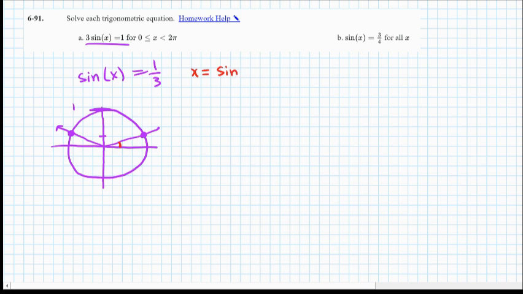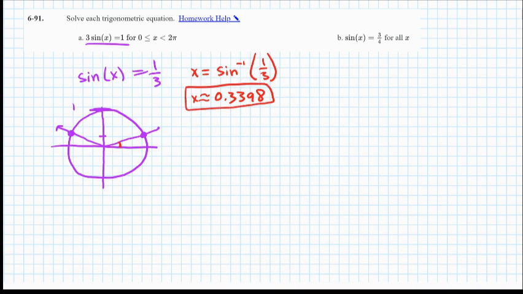I get sine inverse of 1/3. And 1/3 is not one of those beautiful, pretty answers that's going to give me a nice, perfect number. So I'm going to use a calculator, plug it in. I'll round my answer here to about 0.3398.